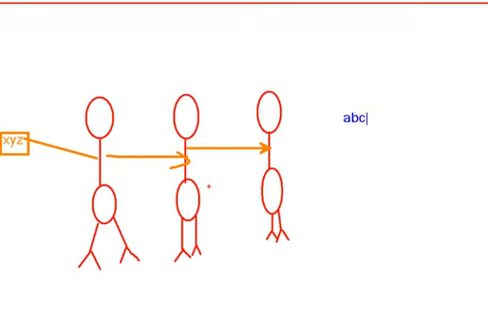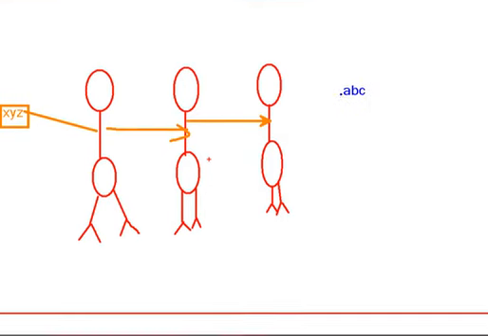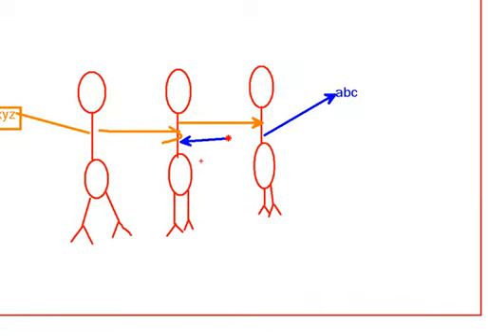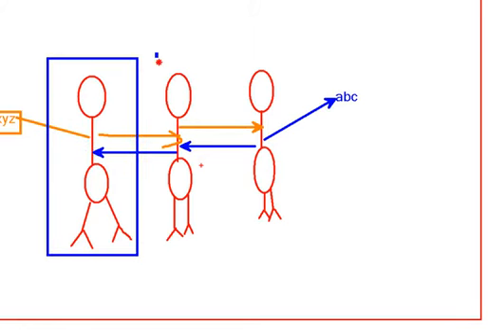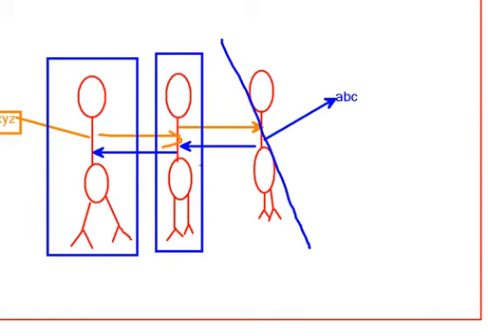This person directly knows ABC. So this person informs this guy, okay, let me know if you have any task with ABC. This person informs this one. So all these 3 guys keep exchanging their information.